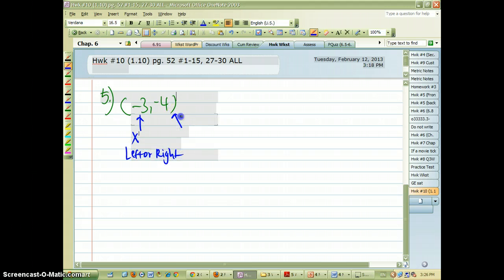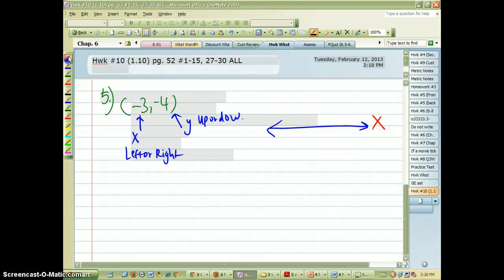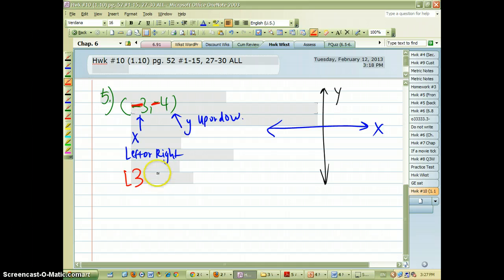And the second number is your y, which goes up or down. So x's would go left and right, and y's go up and down. So then when you find your dot, the -3 tells me you go left 3. And then the -4 tells me you go down 4.